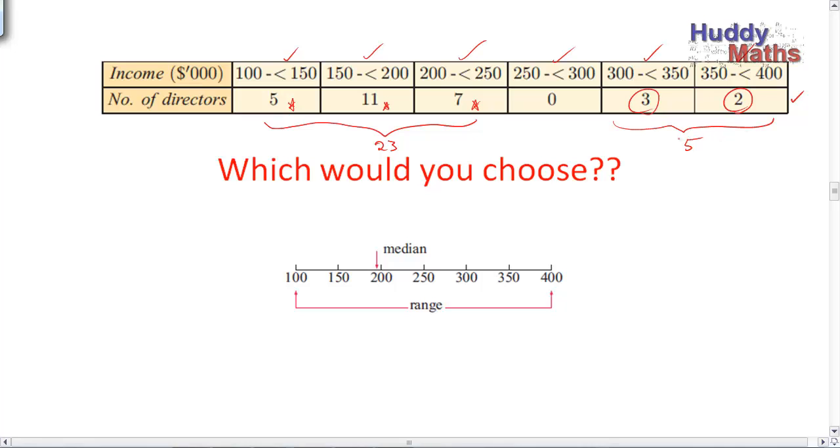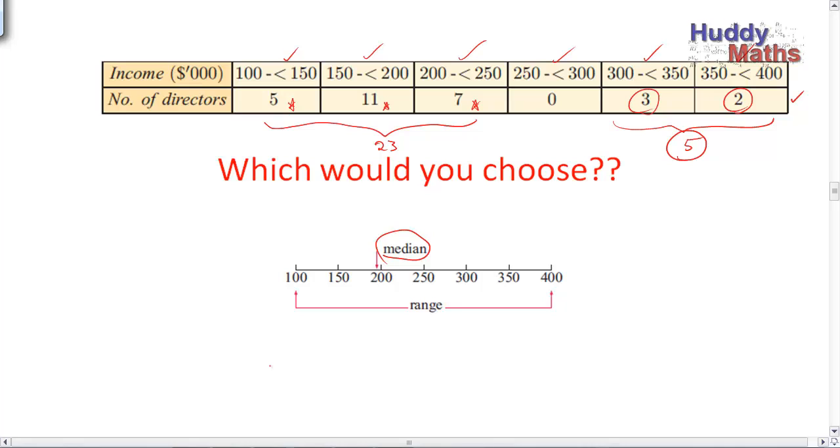If you want to say company directors get this amount and give people some idea of the middle, would you use the mean? Would you use the average? If you did, do you think these up here would have a disproportionate effect? Would they pull the average up because there's a few very high ones? Or would you choose the median?